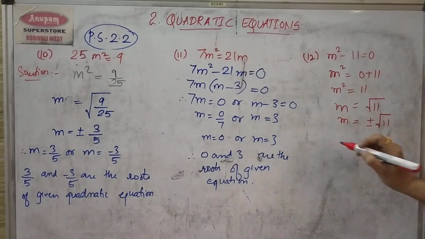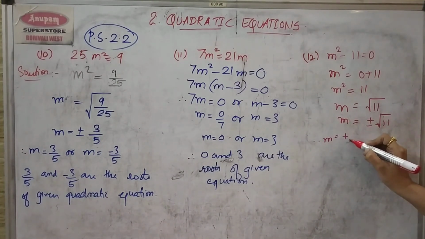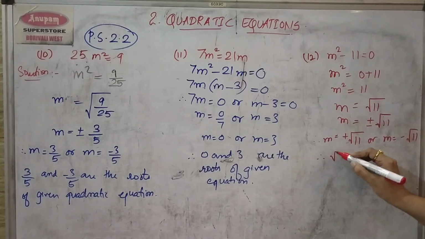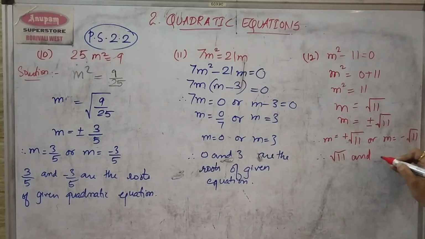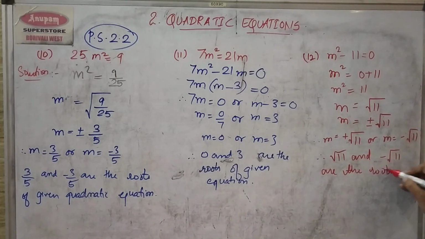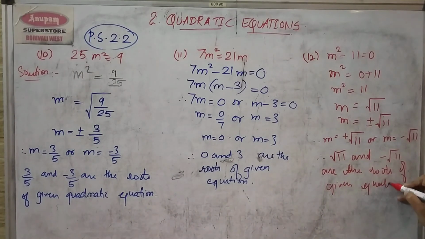So this remains like this only. Therefore m is equal to plus root 11 or m is equal to minus root 11. Therefore root 11 and minus root 11 are the roots of the given equation.